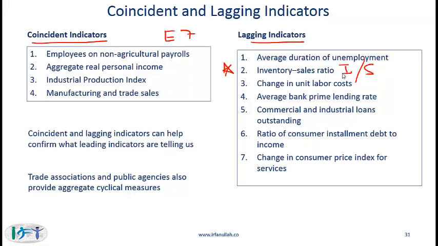As we've discussed, inventories accumulate as sales initially decline, and then once a business adjusts its ordering, inventories adjust again.